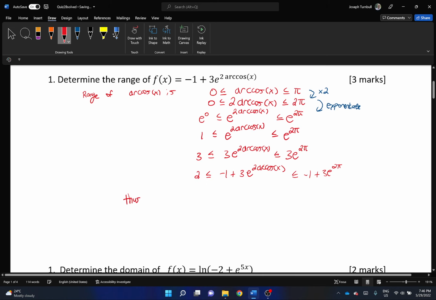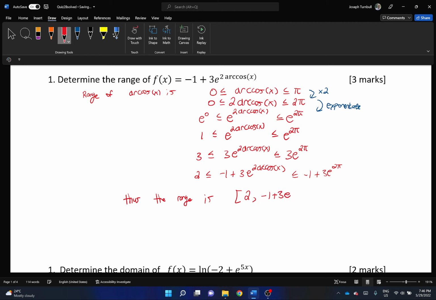So thus, the range of possible y values is square bracket, because the endpoint is included, 2 comma -1 plus 3e to the 2 pi, and square bracket because that endpoint is included too.